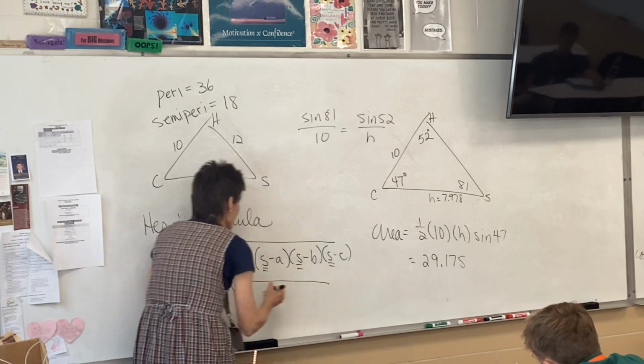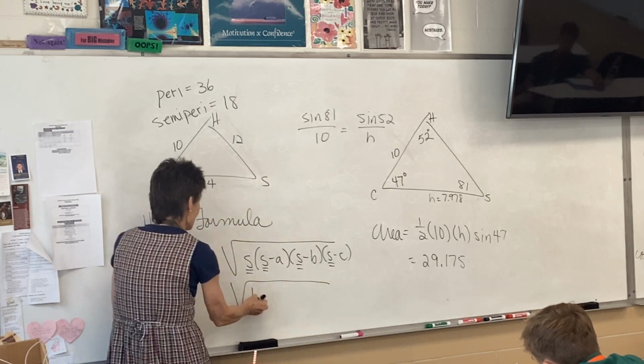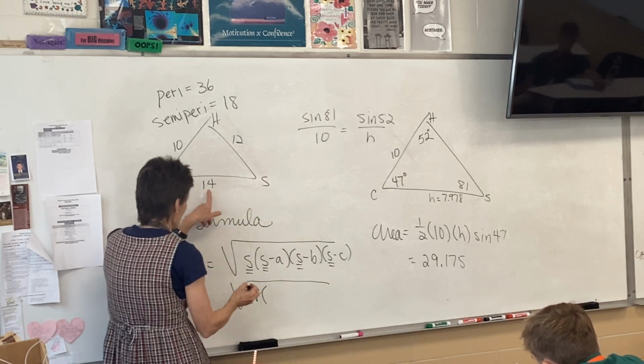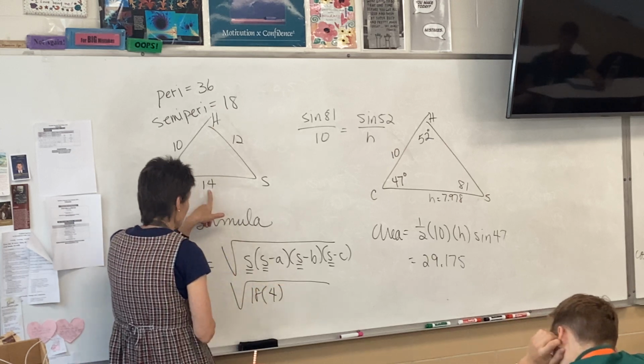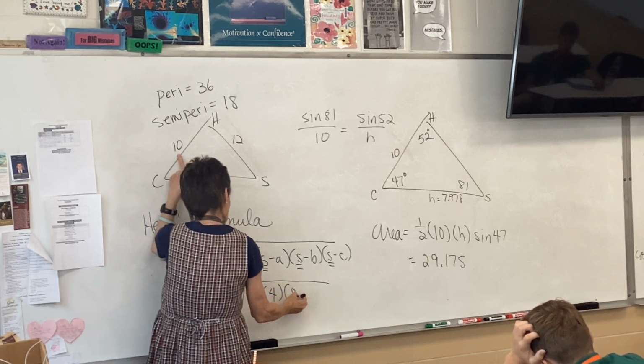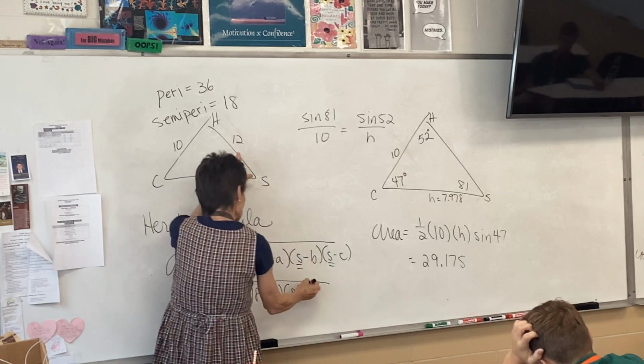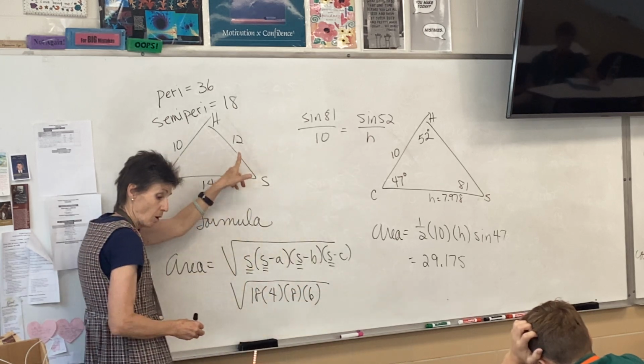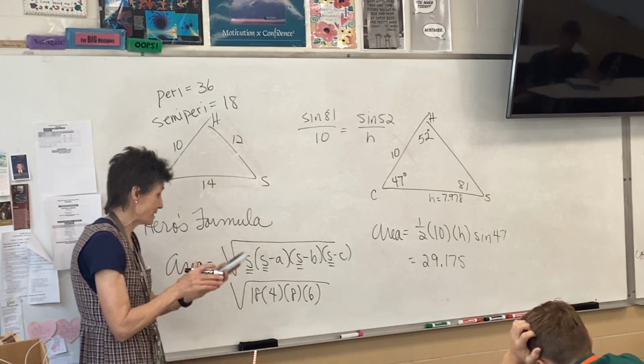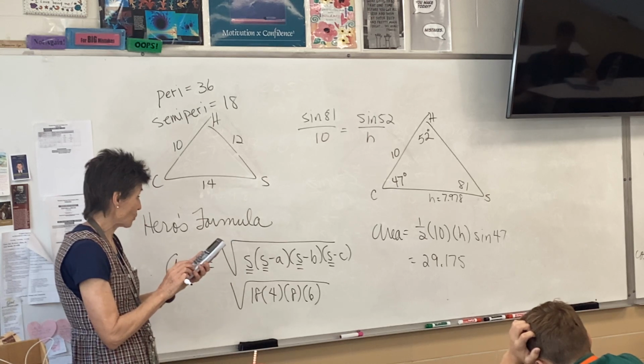So, Hero's formula says 18, 18 minus 14, 18 minus 10, and 18 minus 12. All of those things multiply together and square root it.